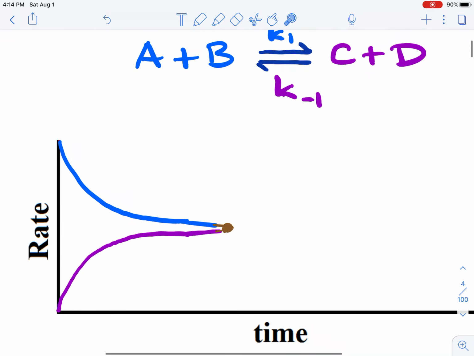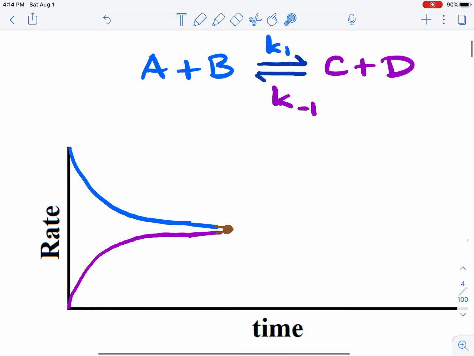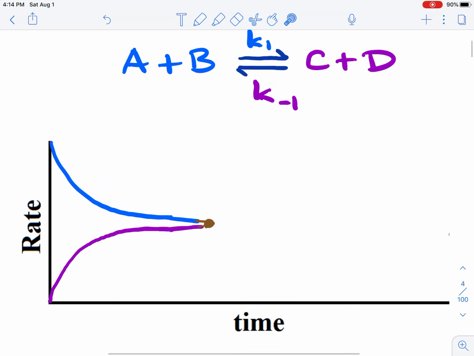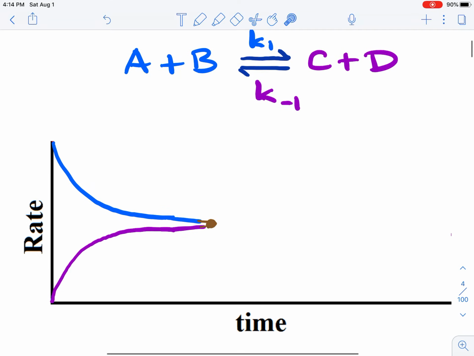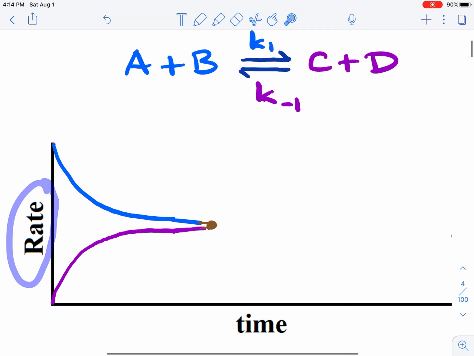So if we look at this graph, once again, here in blue is representing the reactants, and here in purple it's representing the products. And so if you guys pay attention to the y-axis, it's the rate of the chemical reaction against time.